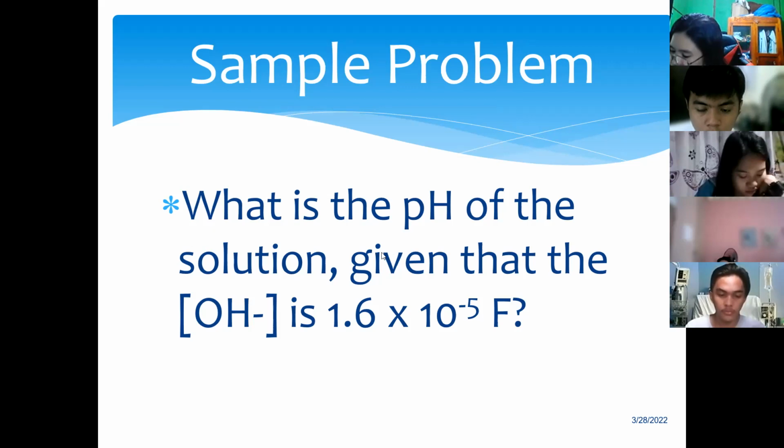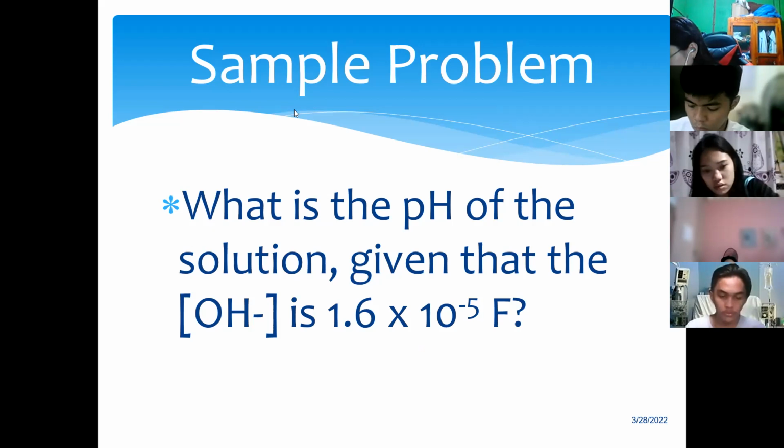Basta always remember class, if OH is given, then pH is being asked. Compute first for the pOH, and using the formula pH plus pOH is equal to 14, you can compute for the pH.